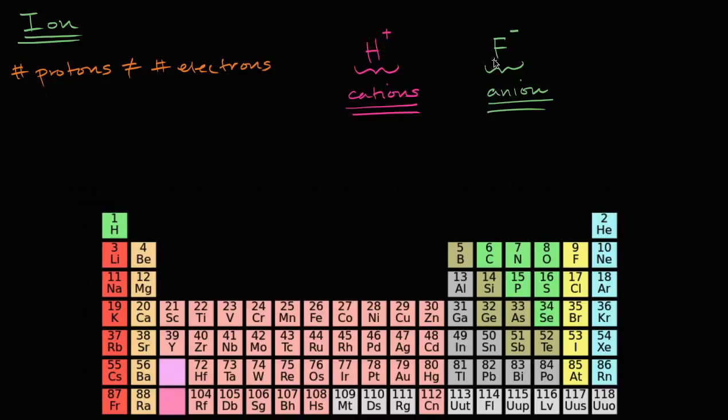So with that out of the way, let's think about how hard it will be to ionize different elements in the periodic table, in particular how hard it is to turn them into cations. And to think about that, we'll introduce an idea called ionization energy.